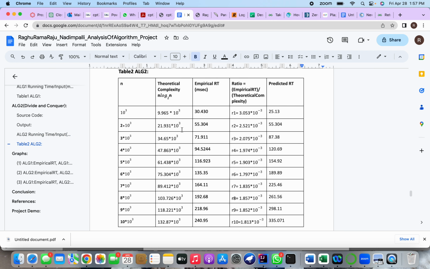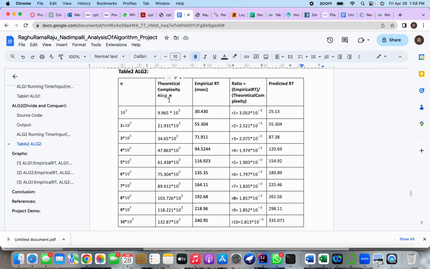So this is my main table, where I'm going to calculate the predicted RT. For predicted RT, the input is n, which is 10 power 3 and raised by 10 power 3 each time, and the complexity of this algorithm is n log 2n. I gave base 2 because, as I already told you, I'm dividing the points into two halves. But that doesn't matter, any base is fine.